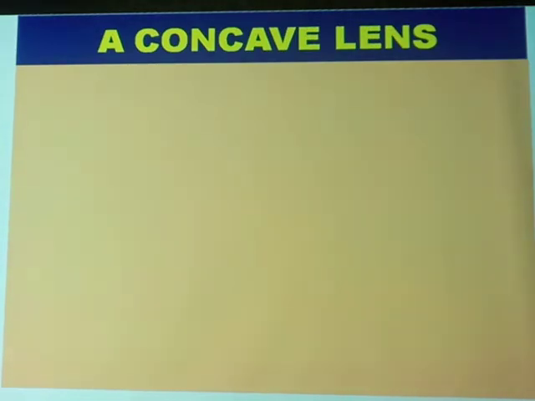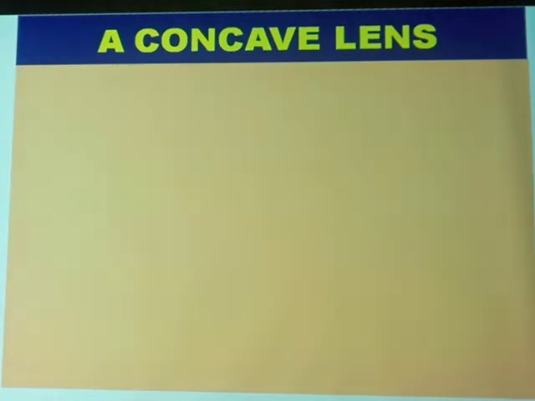When a collimated beam of light passes through a concave lens or a diverging lens, what happens? When I talk of a collimated beam, I am talking about a parallel beam of light.